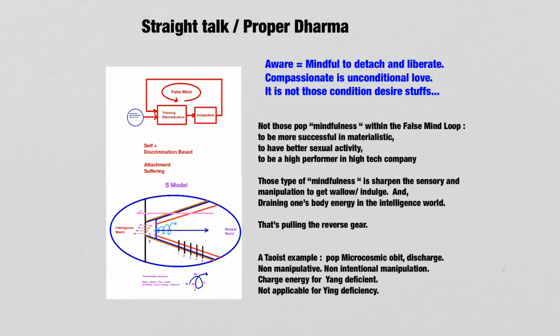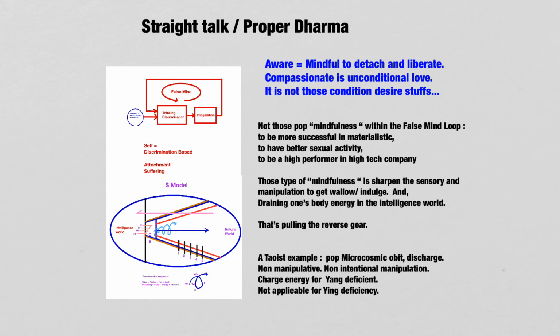Or some advertisement says you practice mindfulness meditation to have better sexual activity and enjoy more. Or somebody might say, become a high performer in a high-tech company, work harder, become an expert. Those are popular mindfulness.